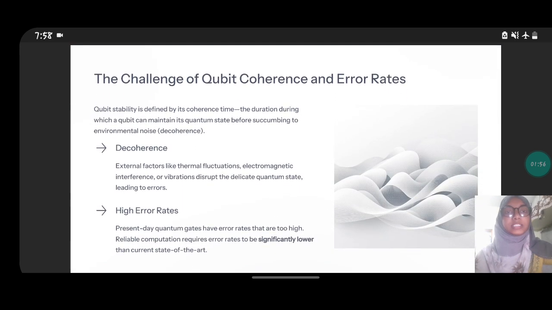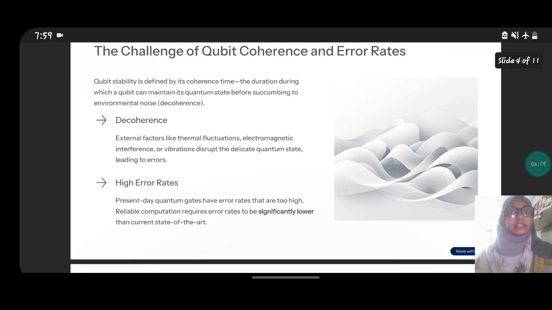So, the challenges of qubit coherence and error rates. The qubit stability is defined by its coherence time. Coherence time means the duration during which a qubit can maintain a stable quantum state before succumbing to environmental noise.